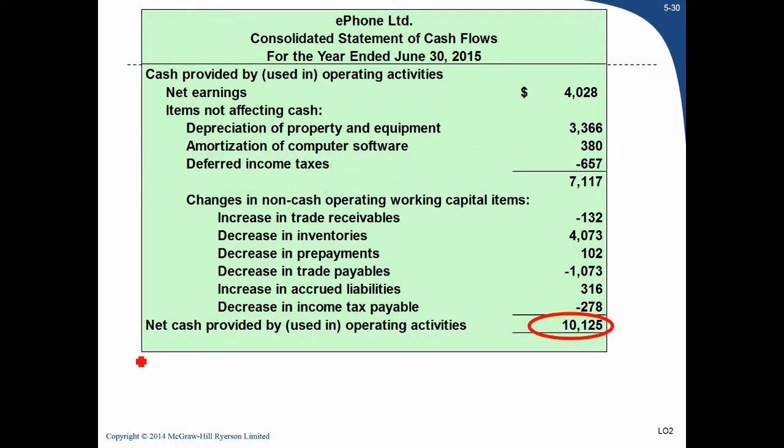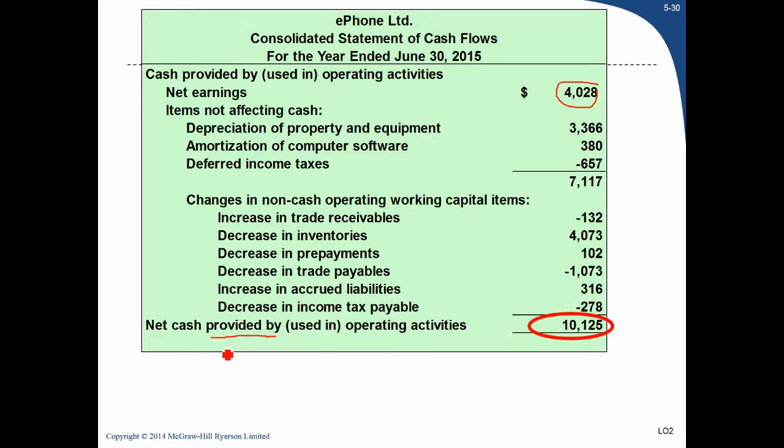So this is how we get to the line item net cash provided by operating activities. Notice how we've gone from $4 million of net earnings to $10 million of cash provided by operating activities. Why do we have used in brackets? Because sometimes this will actually be a negative.